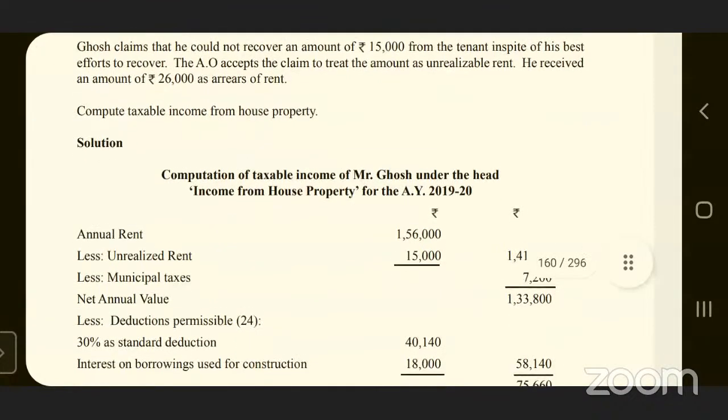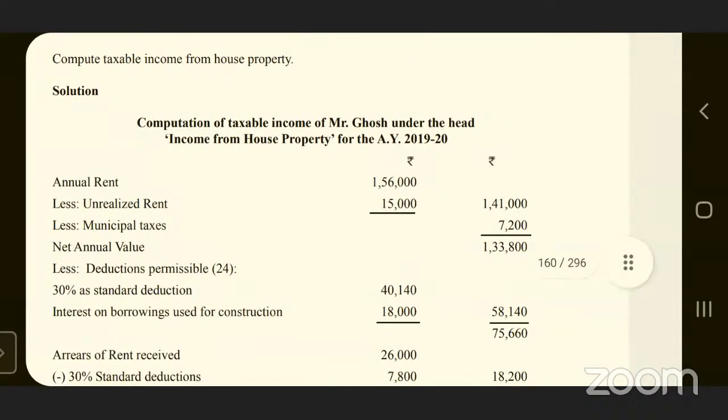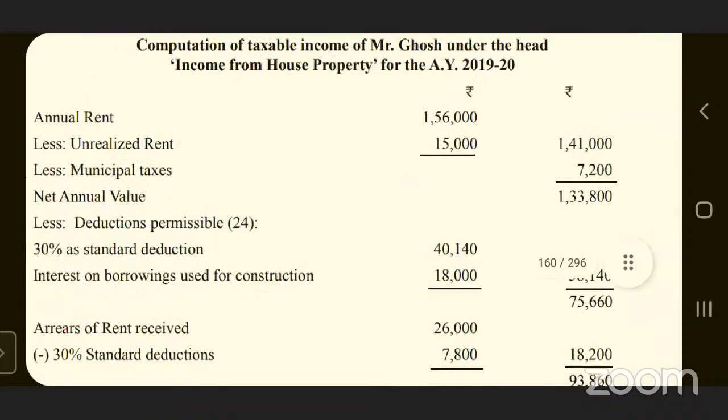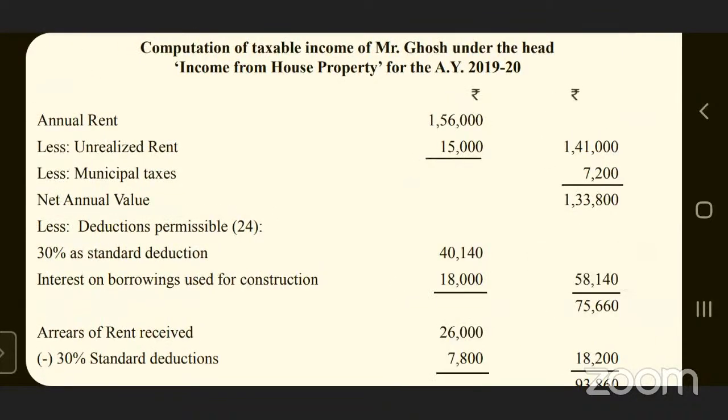So that's why we can straight away deduct the municipal taxes, whatever he paid, 7,200. If you deduct that 7,200, the figure you will be getting is considered as net annual value. As we know, 30% deduction will be admissible under section 24. If you calculate 30% on 1,33,800, you will be getting 40,140.